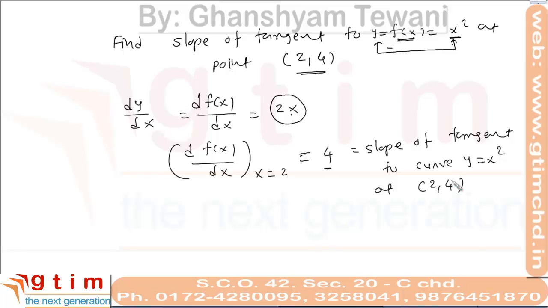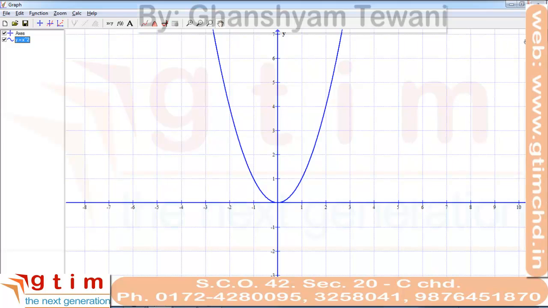Let's see this on the graph paper geometrically. Now this is the graph of y is equal to x square. Now here is the point (2, 4).